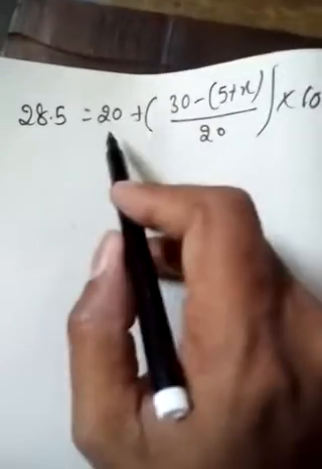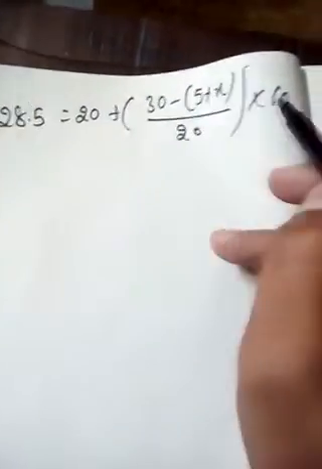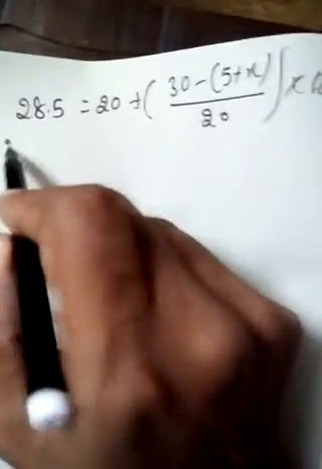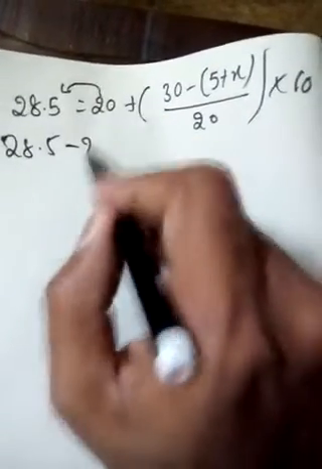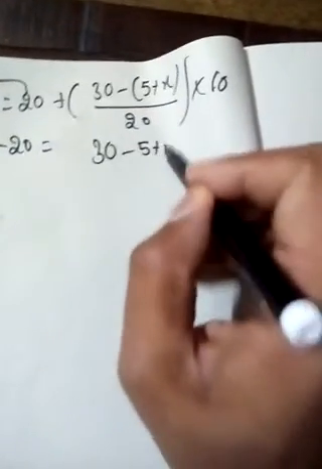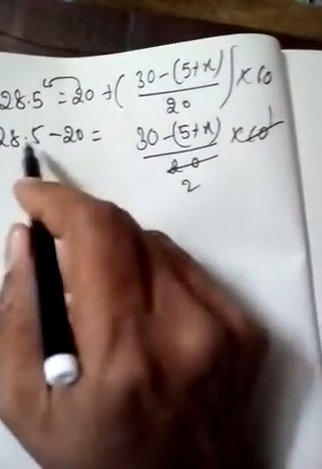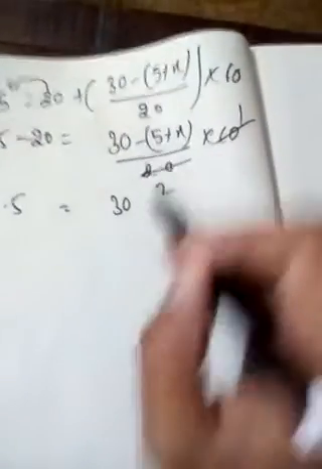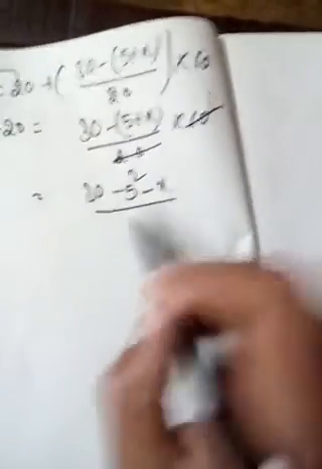So we already know 28.5 is the median. L is 20, N by 2 is 30, CF is 5 plus x, F is 20, H is 10. So 28.5 is equal to 20 plus (30 minus 5 plus x) by 20 into 10. Moving 20 across, 28.5 minus 20 means 8.5 is equal to (30 minus 5 minus x) by 2.